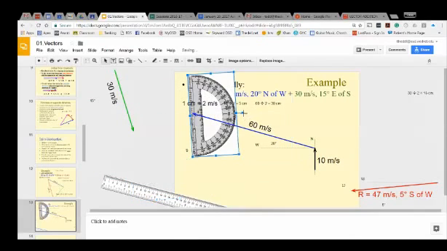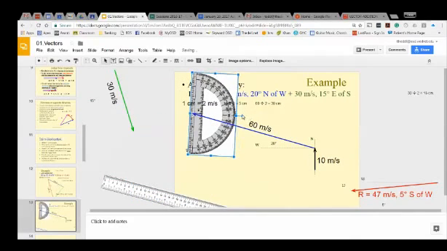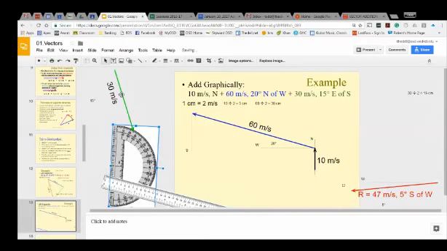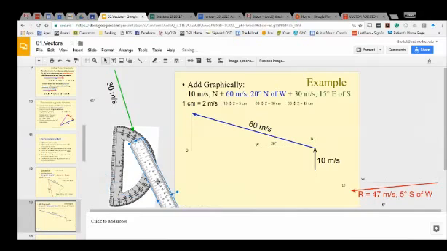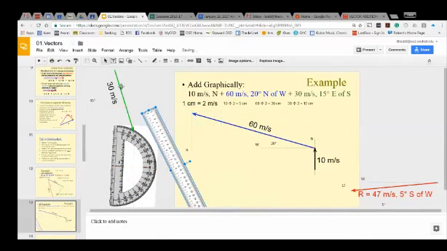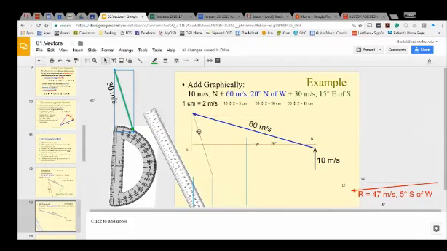Whoops, that's not straight. Anyway, you get the point, right? And then measure out with my ruler. I'm now going to go out 15 centimeters. So there's my last calculation. And I use my ruler to do that along my thick line. All right, and then I draw my vector on the end of that.